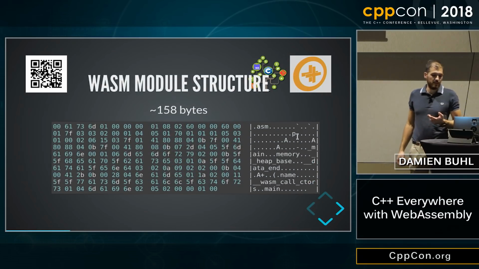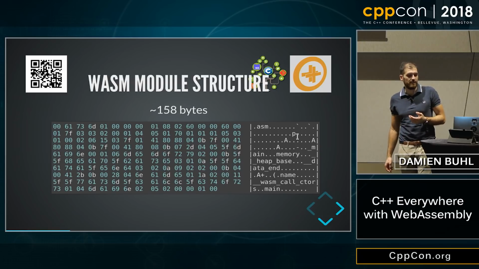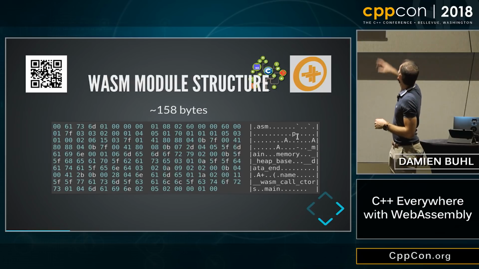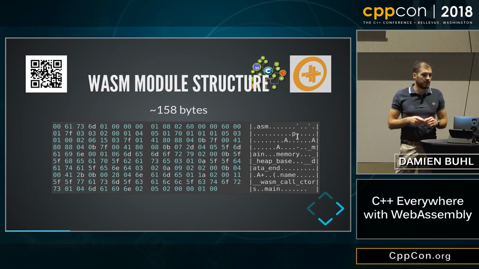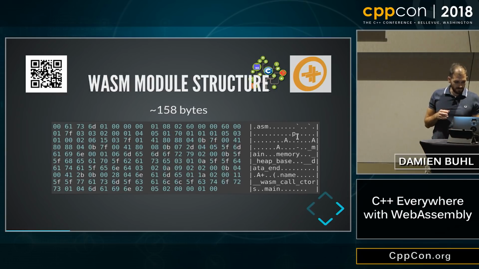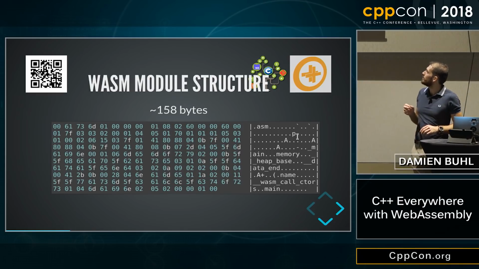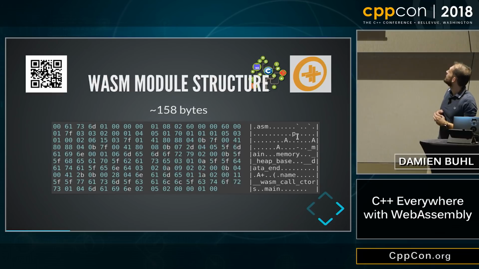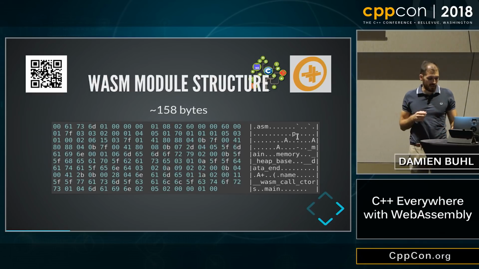When you compile it, what you end up with is a file prefixed with a magic number right at the top, the ASM characters, and then the WebAssembly format. And at some point inside this format, you have the different functions and the constants that you added in your program.